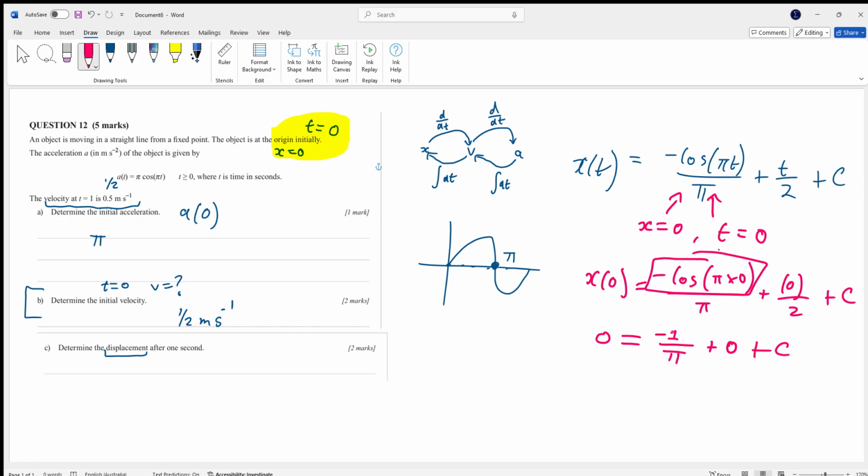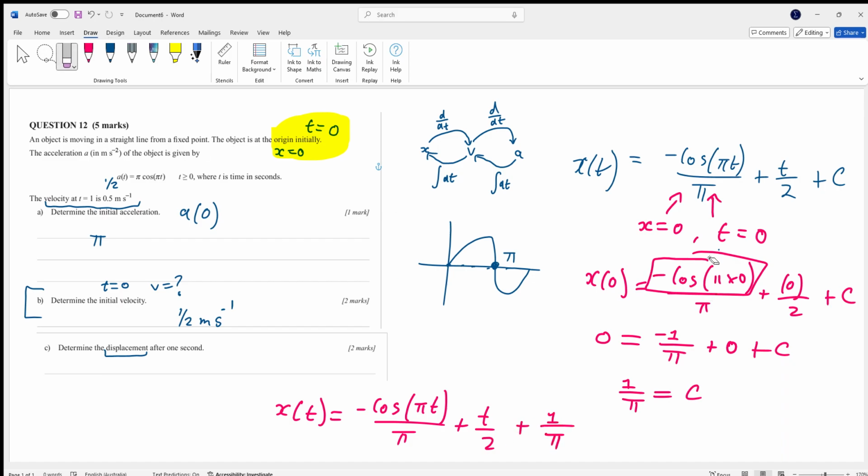So therefore, if I move the negative 1 over pi to the other side, I get c is equal to 1 over pi. So that tells me my position equation is this. x of t is negative cos pi t over pi plus t over 2 plus 1 over pi.